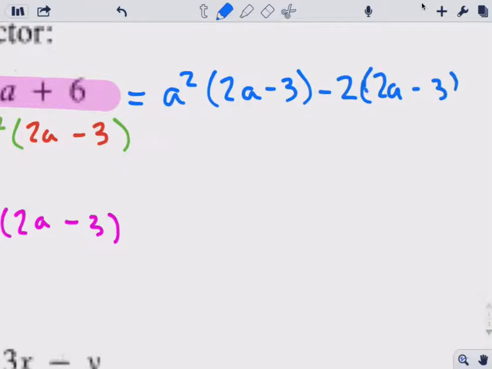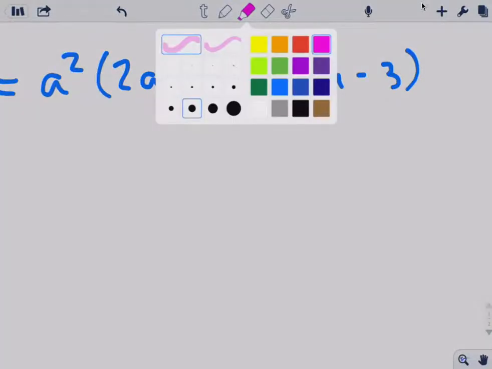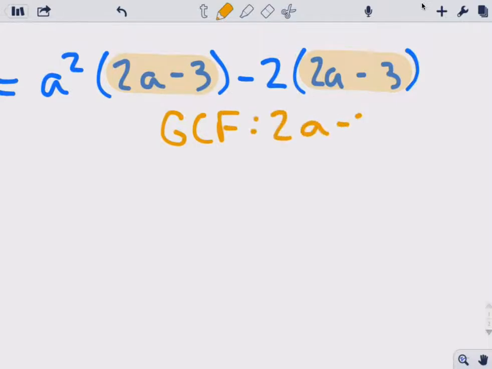So let's just work with that for right now. Looking at this, you can see some common things. That's 2a minus 3. That's 2a minus 3. What that tells me is I have a GCF of 2a minus 3.